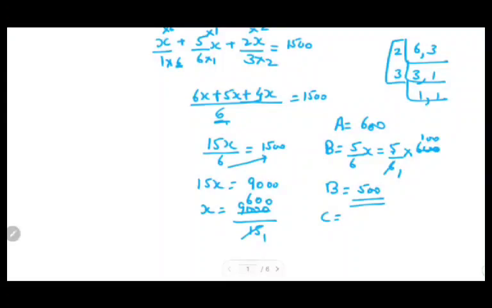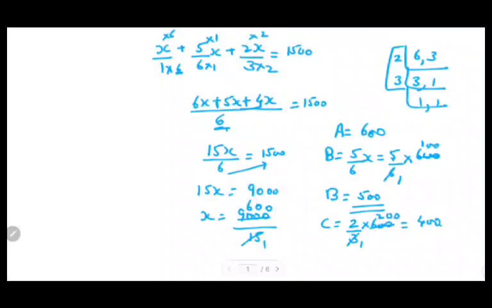C's share is 2/3, that's how we calculated it, of x. What is x going to be? Again 600, 3 1s are 3, 2 3s are 6. It's going to be 2 2s are 4, 400.